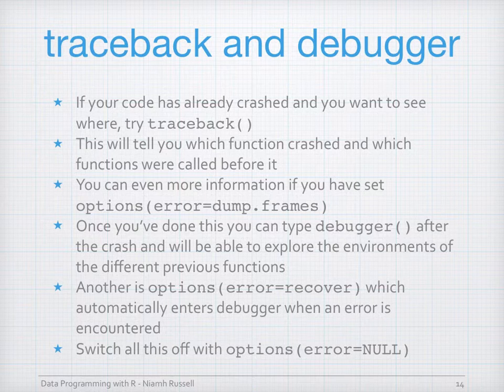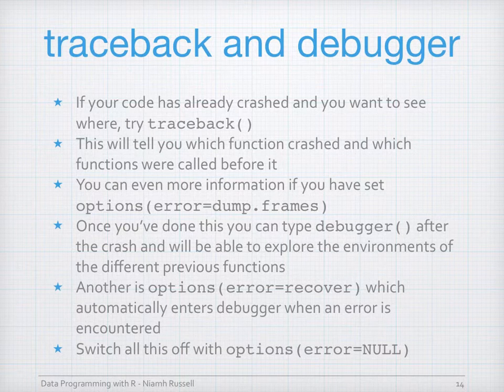Now, this is probably overkill really, because all you need to do if you want debugger is just to type the debugger function in. So you may or may not want to do that in certain circumstances. So like debugonce, I'm not sure that this is adding a whole lot to your dictionary of useful functions.